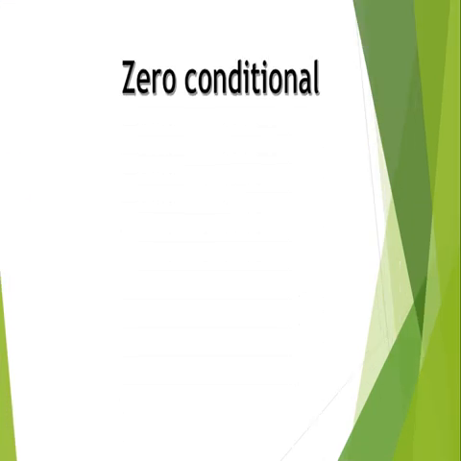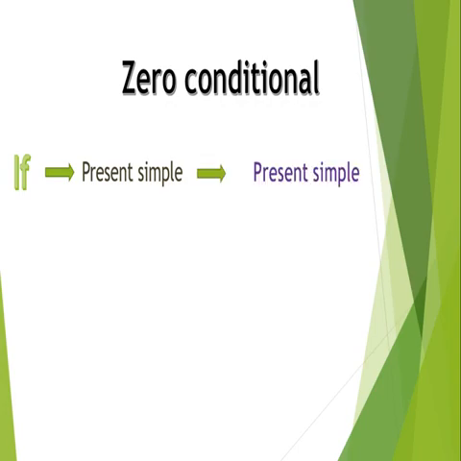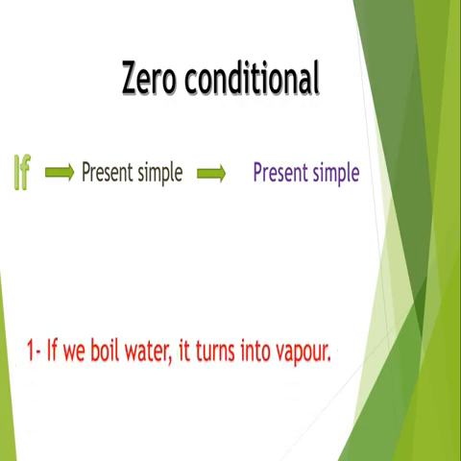zero conditional، أول شيء نستخدم if، بعدها present simple المضارع البسيط استخدمناه مع بعض وعارفينه إن مع he و she و it we add s to the verb، نزيد s على الفعل. طيب الجزء الثاني بعد نستخدم present simple، يبقى عندي present simple and present simple. ممتازين. كيف يعني؟ هنشوف.